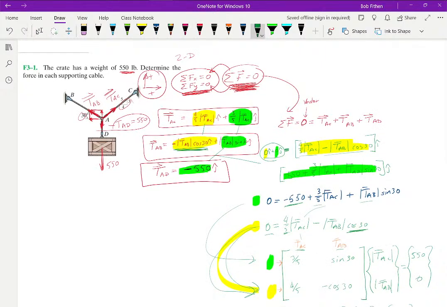Let's see if I can find where I messed up. TAB, going to the left, going north. Pull the eyes out. I still have it. Still have that. This TAB is associated with the eye.